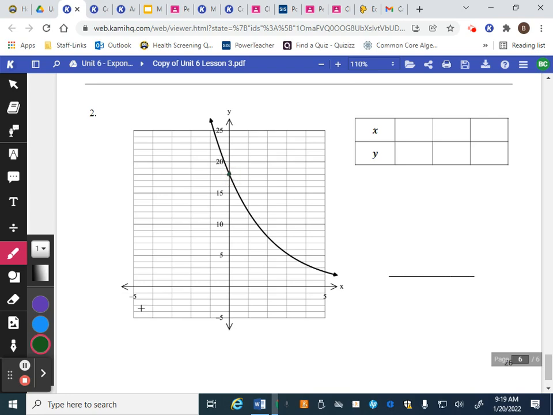Down to the bottom graph again, I'm going to look for some points. Based on the shape of the graph and the direction of the y values, this is going to be exponential decay.